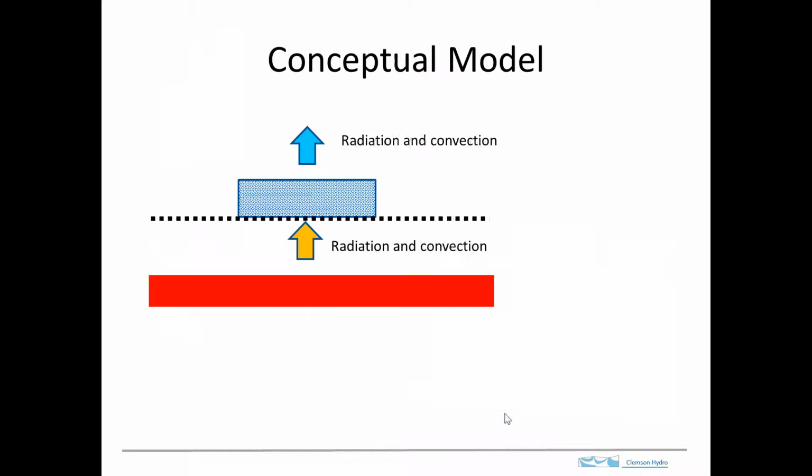So the conceptual model that we'll use will consider grilling, and so we'll have a heat source here and radiation and convection transporting the heat up to the bottom of the material, and then we'll also have radiation and convection transporting heat away from the top, so long as this temperature is greater than the ambient.